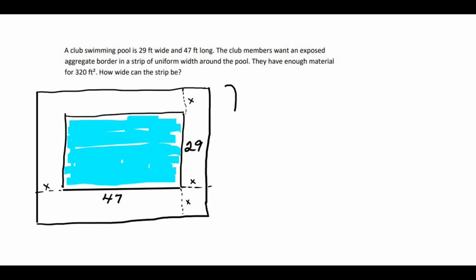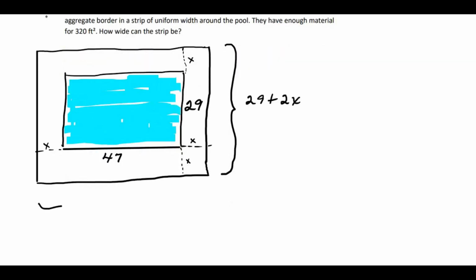So this whole width here of the swimming pool and the border is 29 plus 2x, and this whole length of the border plus the length of the swimming pool is 47 plus 2x.